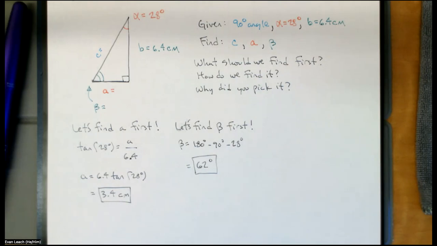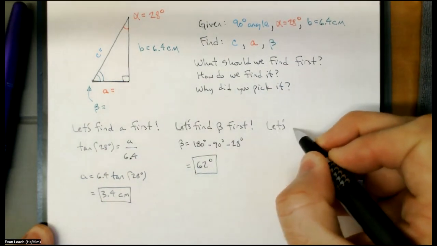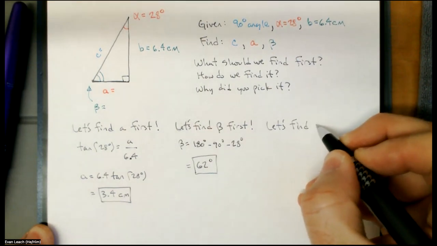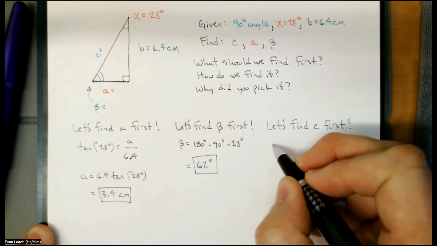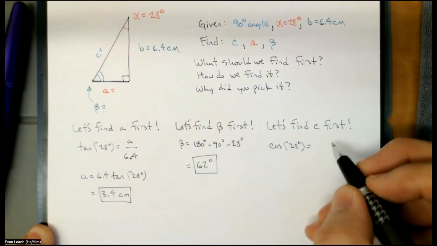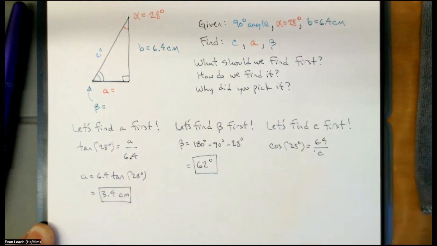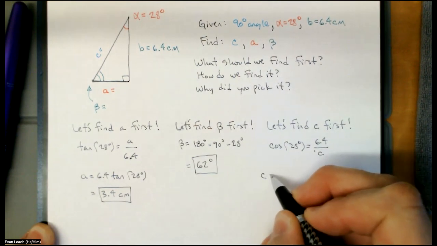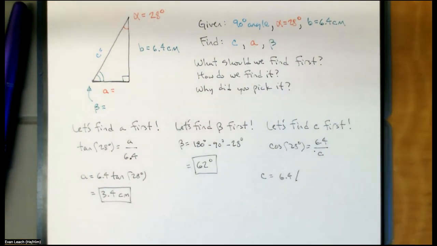Use cosine, great, because C is the hypotenuse and 6.4 is adjacent to 28. I love it. Let's find C first. You said you use the cosine, so the cosine of 28 degrees is adjacent over hypotenuse.